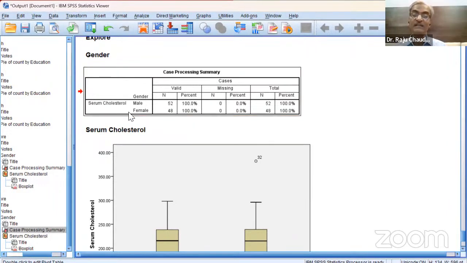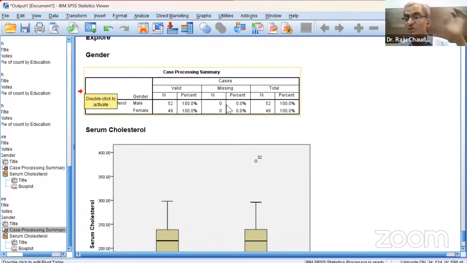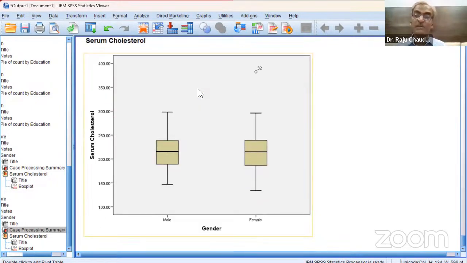Okay, and similarly, if there are some missing values, it shows the missing values here, right? If suppose there are 5 missing values, it shows the 5, and here accordingly it shows the percentage. Okay, so this is not that important. It is just to trace out if there are any missing values or not. Okay, so this is a case processing summary.